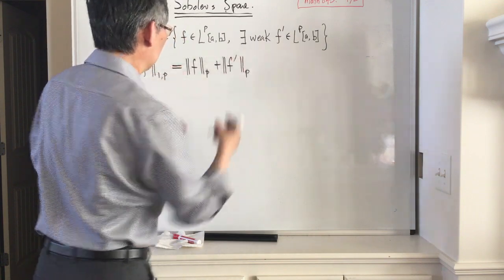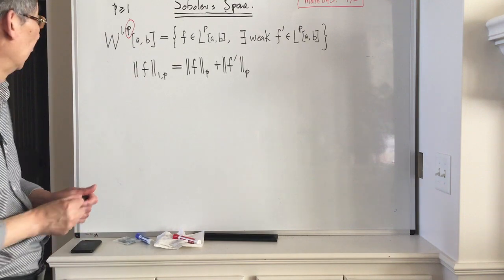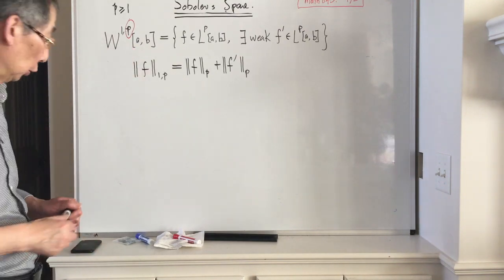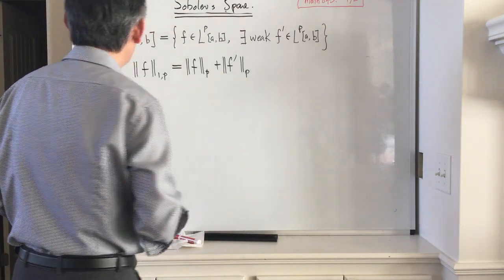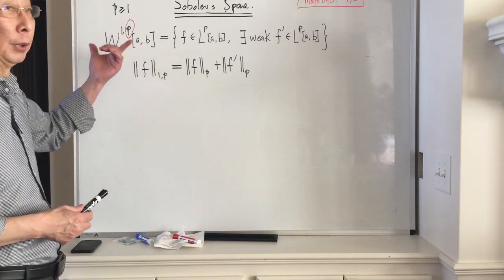Because both are in L^p, I can just add these two norms together to define the norm of this function in this new space. And we're going to see that this norm is really a norm, so this space will become a normed space.